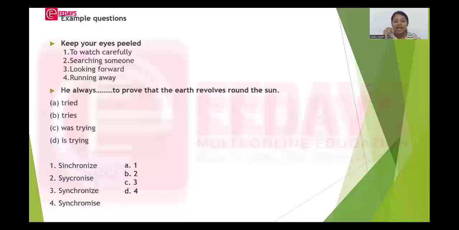Keep your eyes peeled. Peeled in the sense you're going to pop up your eyes and see. When something is given, when will you pop up your eyes and go deeply? To look into something very carefully, right? So that is the right answer. Keep your eyes peeled means to watch carefully.